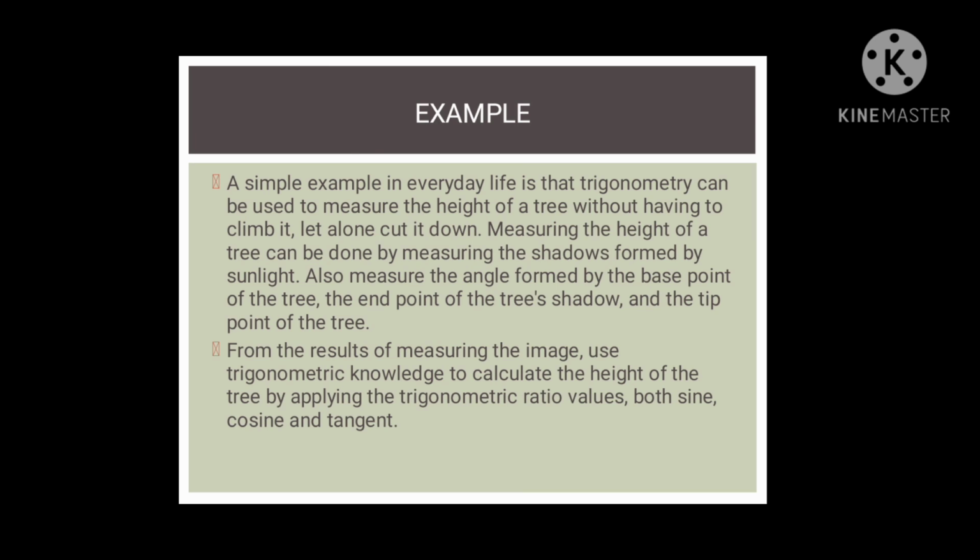Also, measure the angle formed by the base point of the tree, the end point of the tree's shadow, and the tip point of the tree. From the result of measuring the image, use trigonometric knowledge to calculate the height of the tree by applying the trigonometry ratio values, both sine, cosine, and tangent.